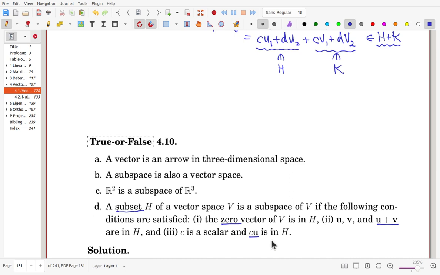You have to choose arbitrary U and arbitrary scalar C, so that the scalar multiplication must be in H. With those requirements, the subset H can be a subspace of the vector space V. Okay? That's the end of the section. Thank you.